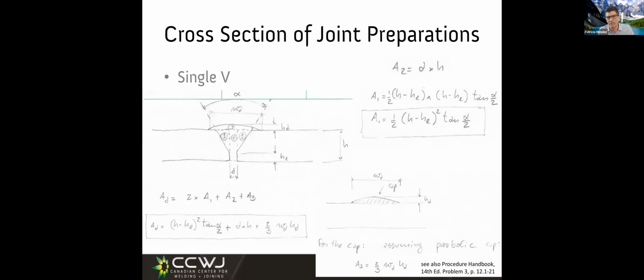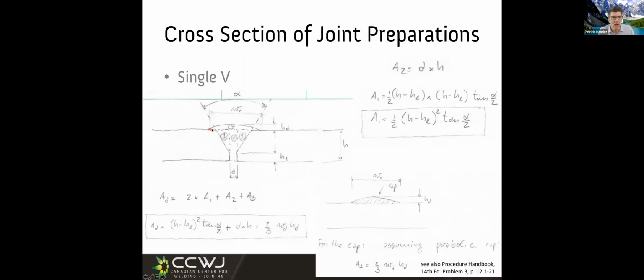That's why we have this multiplied twice, squared. That's why the tangent appears, and because it's a triangle, it's a 1/2. So we have just calculated the area of this bevel here. So in the total area, we have the area that corresponds to the rectangle, plus 2 times the area of the triangles, because we have 2 triangles.